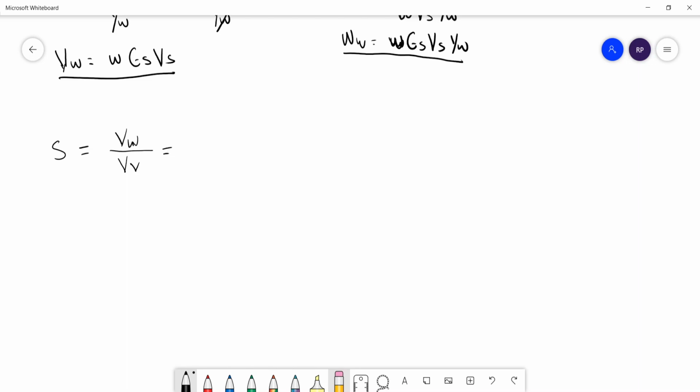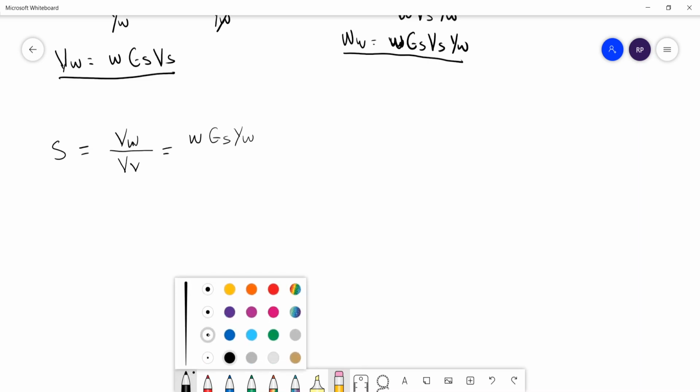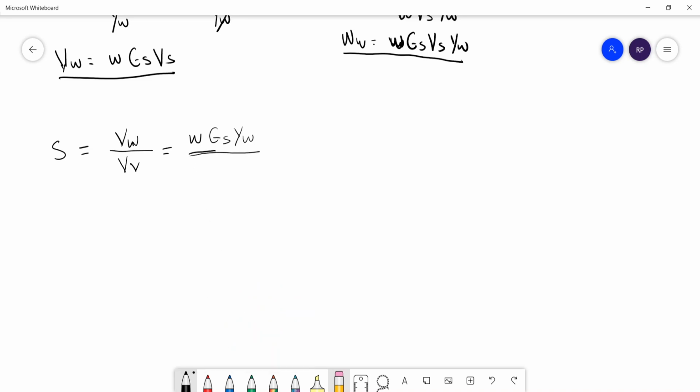Okay, and then from our recent na pag-prove, we have your volume of water that is equal to WGS VS.